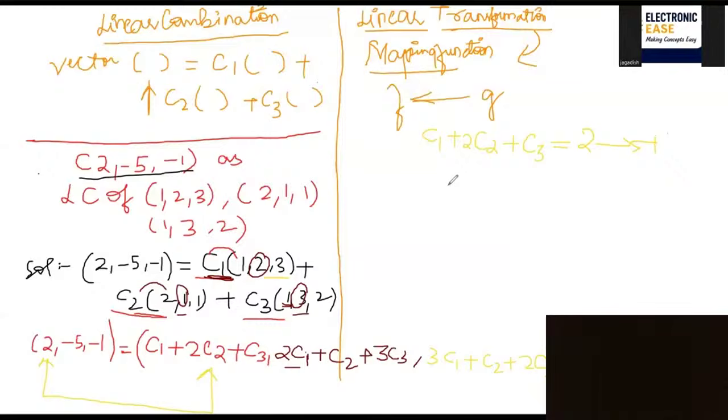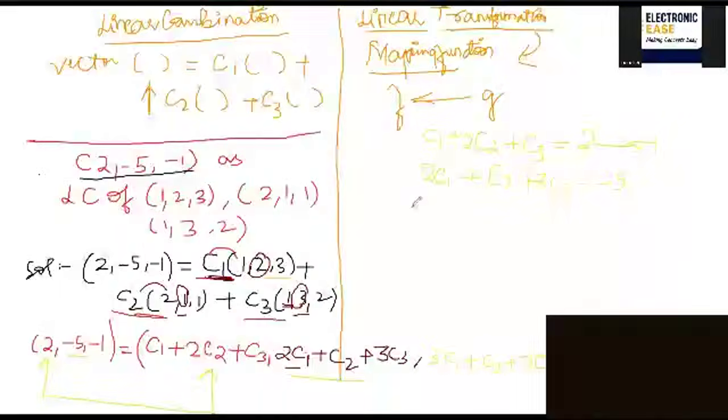Next, the second equation: 2C1 plus C2 plus 3C3 is equal to -5. Next, 3C1 plus C2 plus 2C3, which is equal to what, students? Equal to -1. Very good. Understood?